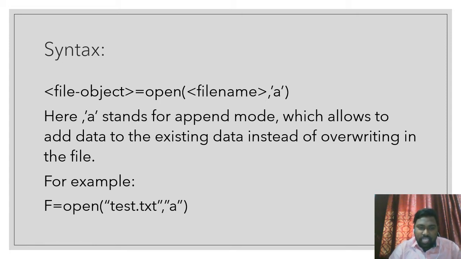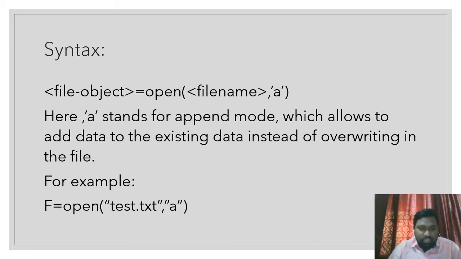Here A stands for append mode, which allows us to add data to the existing data instead of overwriting the file. First we have to open, and we have to decide whether we are going to read, write or append. So here we are appending the data, so we have to open properly along with the file object, then we can add the data in the file.